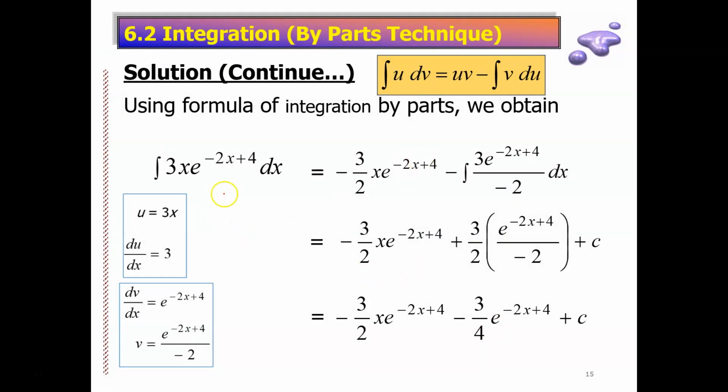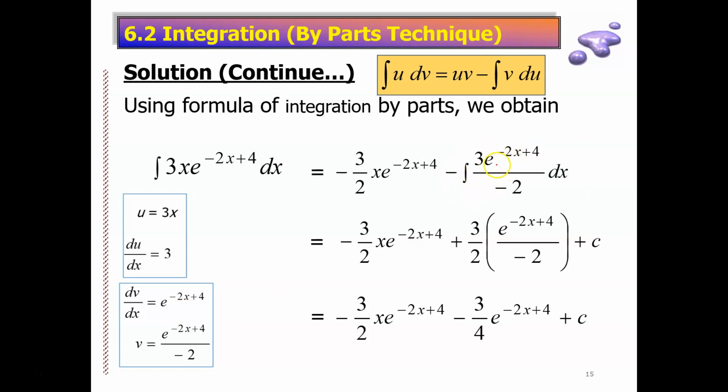So, we write again what we got earlier. You're going to expand it, you're going to solve this one. Why does this one become plus? Because we have negative, and over here also we have negative. So we have plus over here. Okay, and then you're going to integrate this.